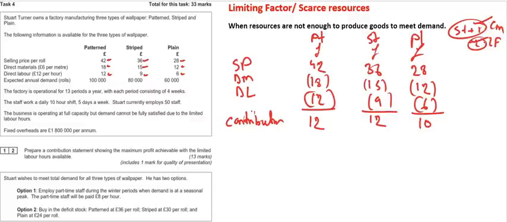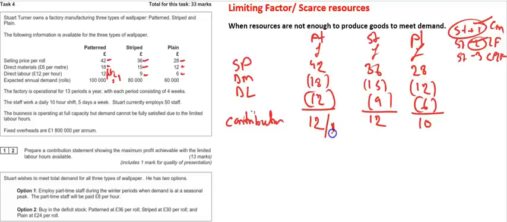Now, it's time to apply step number 3, contribution per unit of limiting factor. So contribution is 12, and the limiting factor, if you remember, we did this divided by 12, we got 1. So limiting factor is 1 over here.